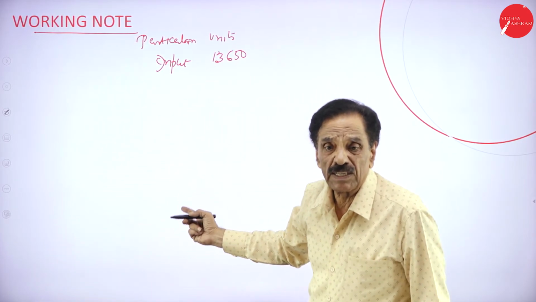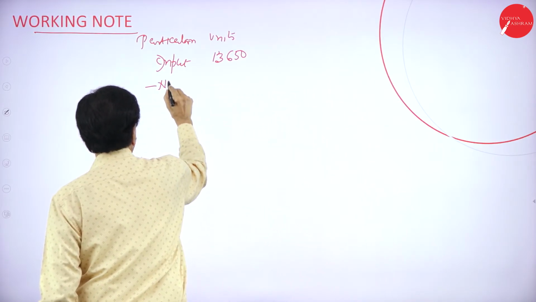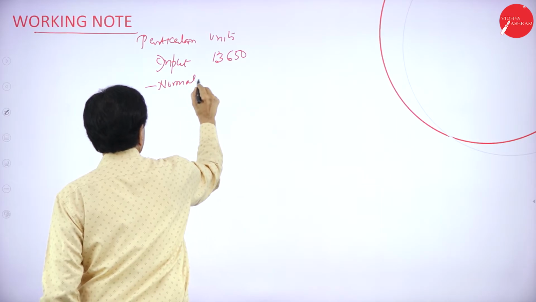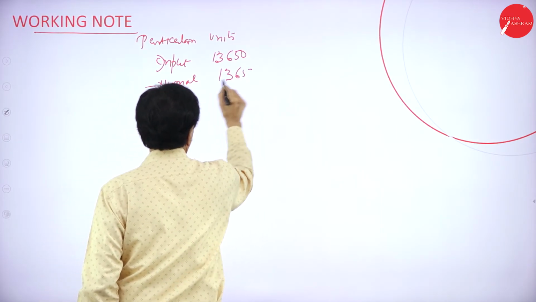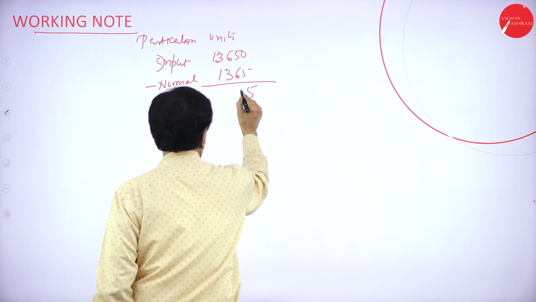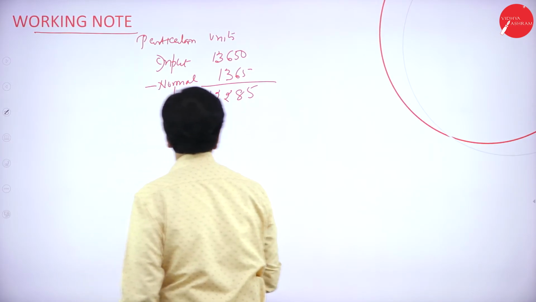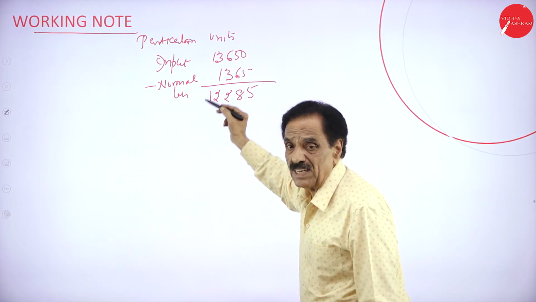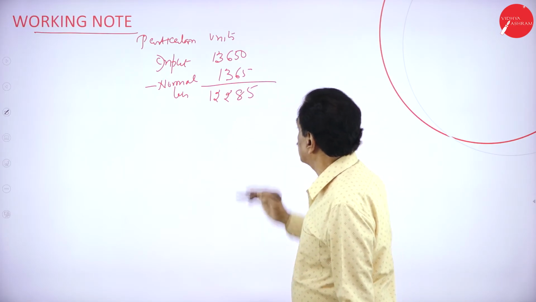Your input is 13,650 minus normal loss 1,365. Deduct, this is 5, this is 4, 8, 2, 2, 1. Check this. 5 plus 5, 10. 1 plus 8, 9 plus 6, 15. 1 plus 1, 2, 3, 6, 2, 1.